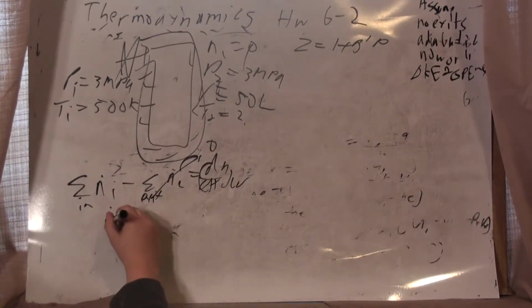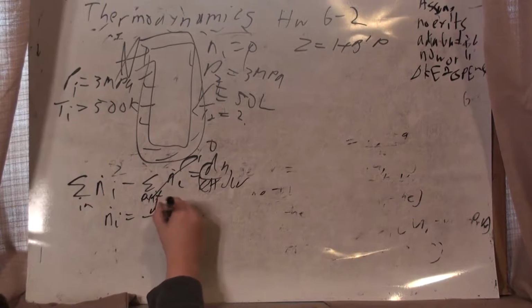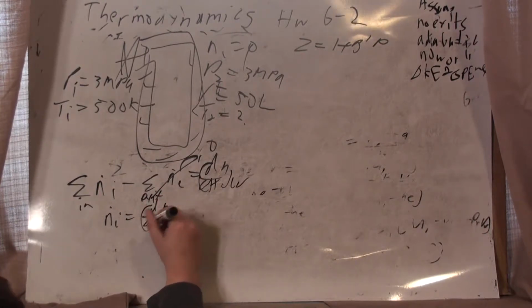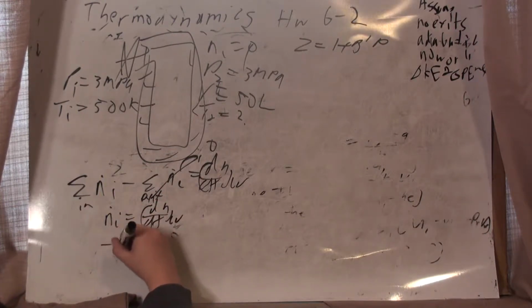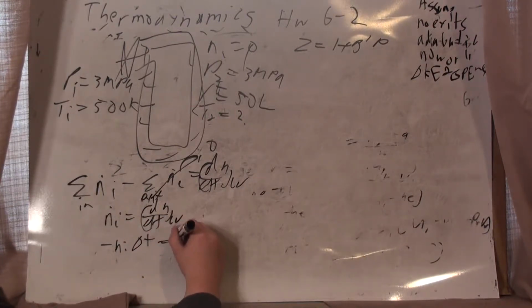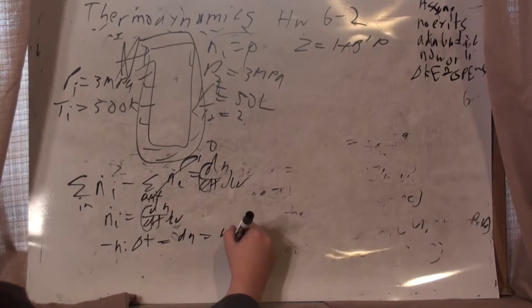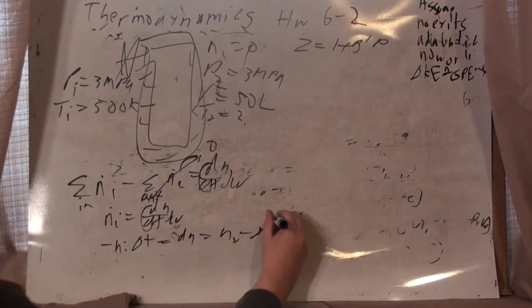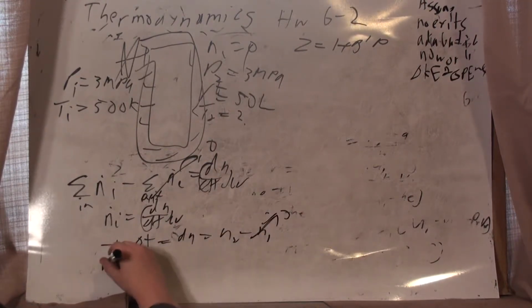This becomes N dot I equals dN/dt of the control volume, which, if I take out the time term, becomes dN, which is N2 minus N1, which is 0. So N2 is equal to N dot I delta t. All right, simple enough.